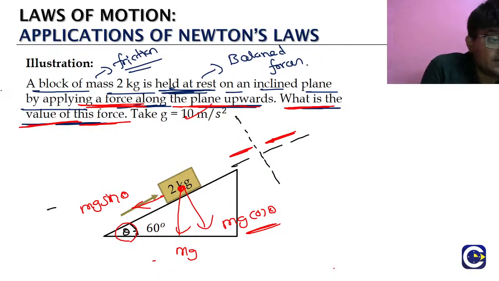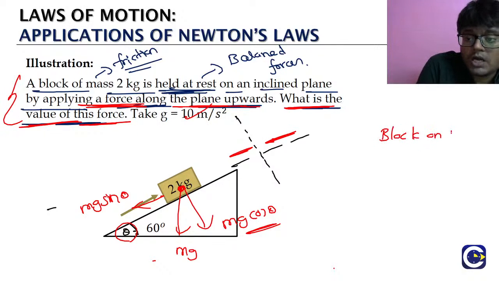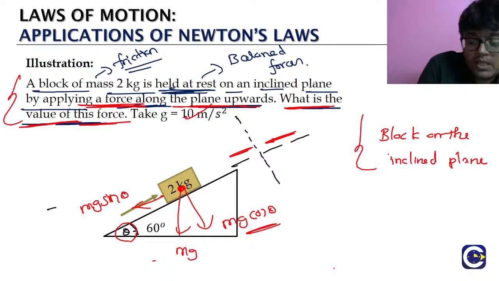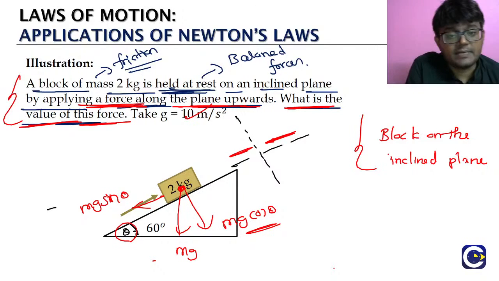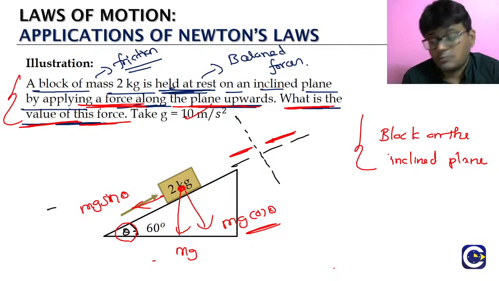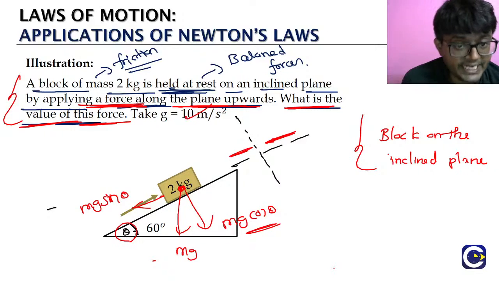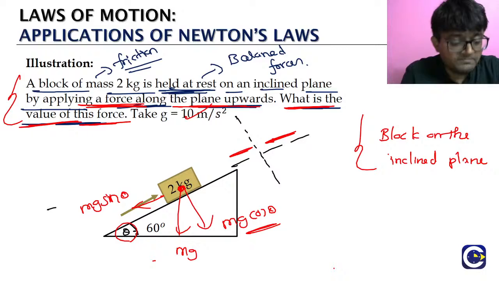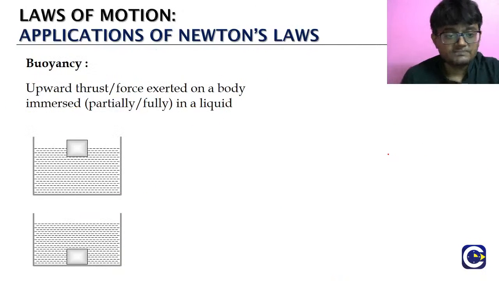This is a very standard model of question. We will again see this same block on the inclined plane concept in the friction case, when we talk about friction. So this is about the idea of the balancing of the forces.